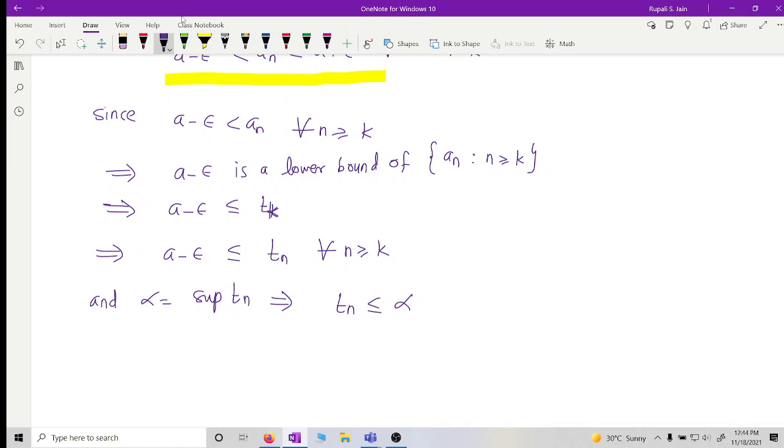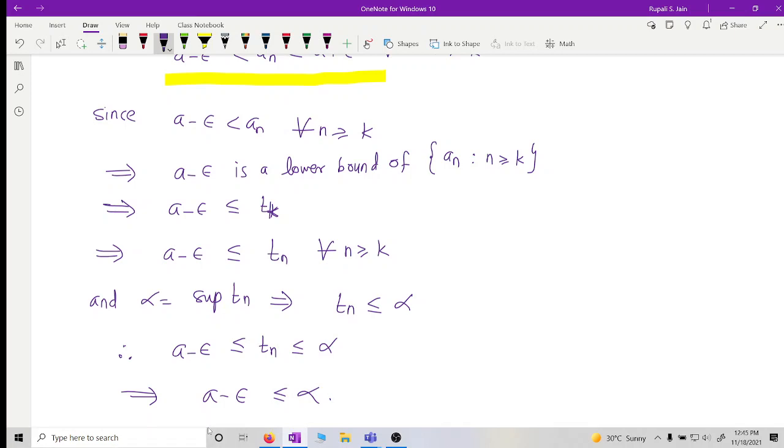Alpha is the supremum, so the least upper bound. So t_n must be less than or equal to alpha. Therefore, what is the relation between A minus epsilon and alpha? A minus epsilon is less than or equal to t_n less than or equal to alpha. This implies A minus epsilon is less than or equal to alpha.